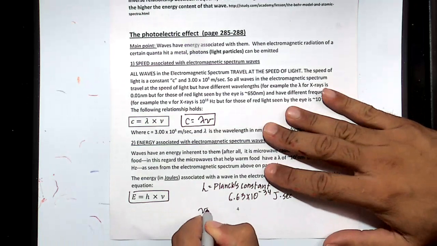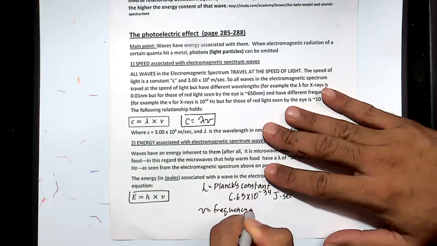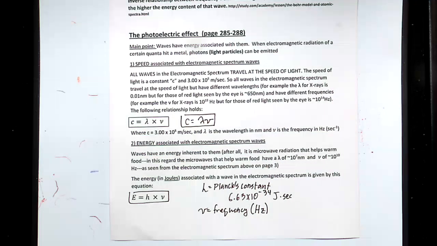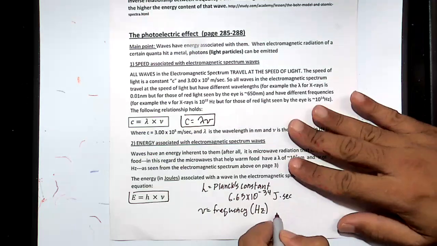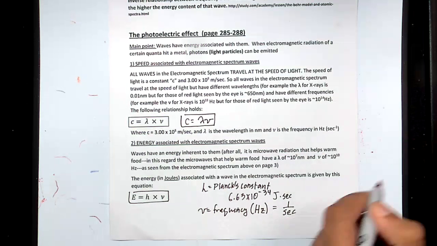And then v is the frequency. What are the units of frequency? Hertz. I want you to know that the unit of frequency is hertz, and that hertz is the same thing as 1 over second.